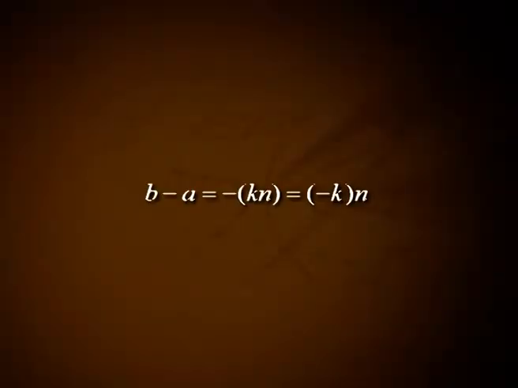For any integer a, we have a - a = 0·n, so that a ≡ a mod n. Now, if a ≡ b mod n, then a - b = kn for some integer k. Hence, b - a = -kn = (-k)n, and because -k is an integer, this yields property B.